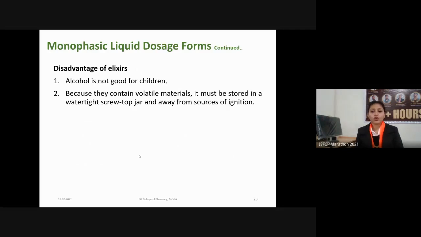So we have to keep elixirs in watertight jars, as alcohol is flammable and can catch fire. They should be kept away from places where they can catch fire because of the presence of alcohol. These are the disadvantages of elixirs.